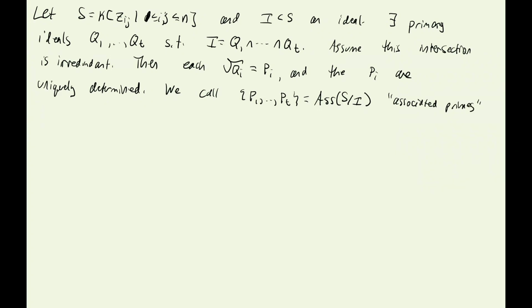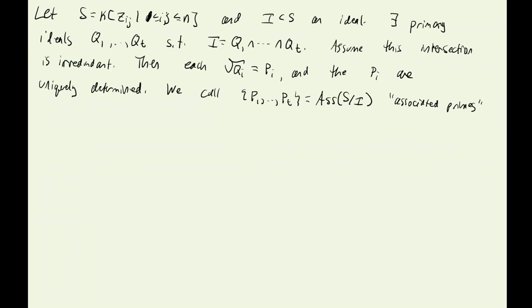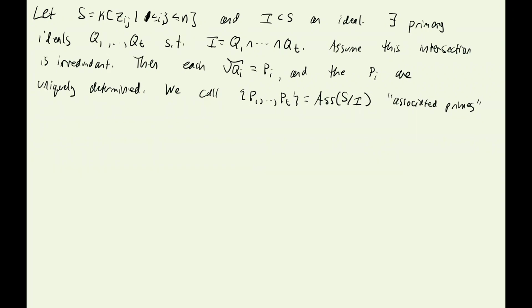Associated primes come in 3 flavors. So we'll start with the worst flavor. Not to make value statements about mathematical objects.